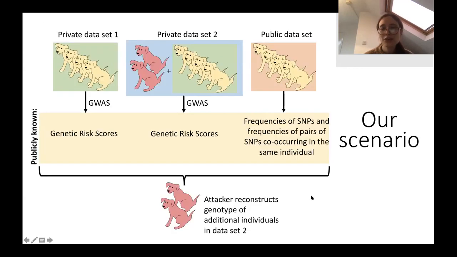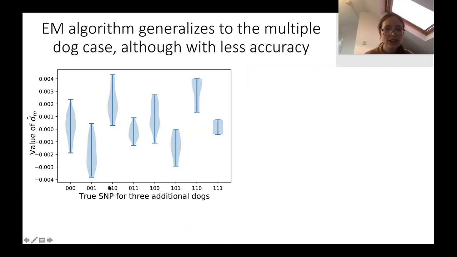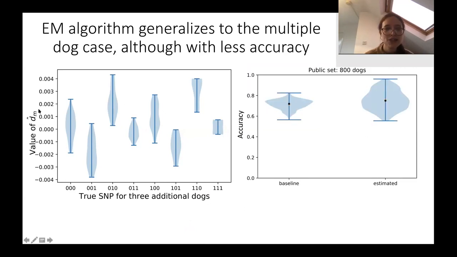Finally, we can look at the original scenario we were interested in. For every combination of SNPs that the dogs have, we end up with a different normal distribution of this DM value. In this case, because these distributions are overlapping, we only get a slight improvement over the baseline.